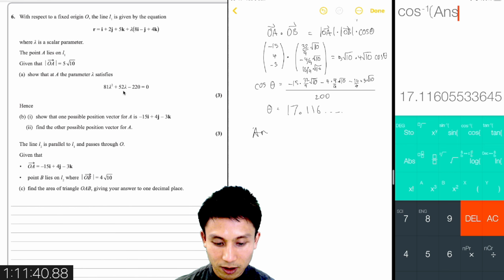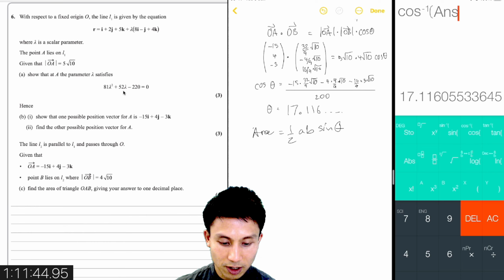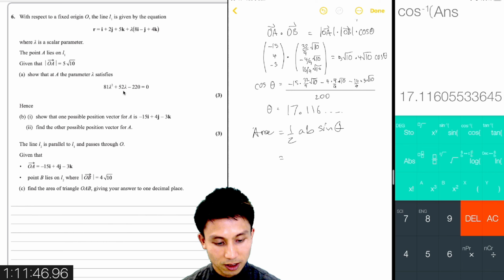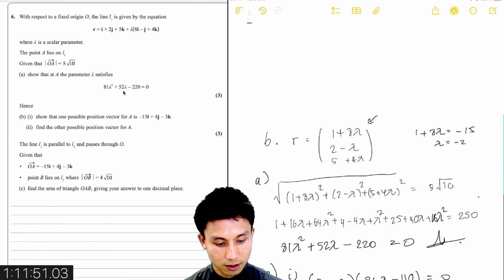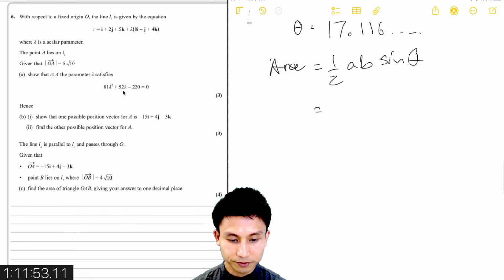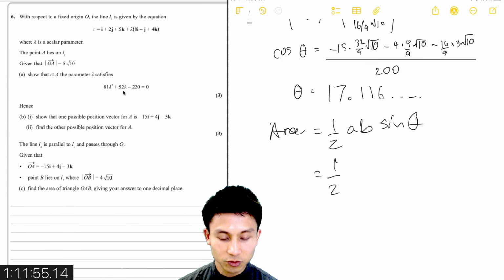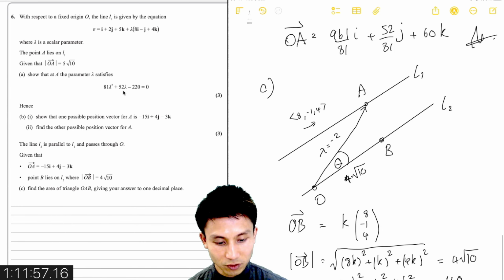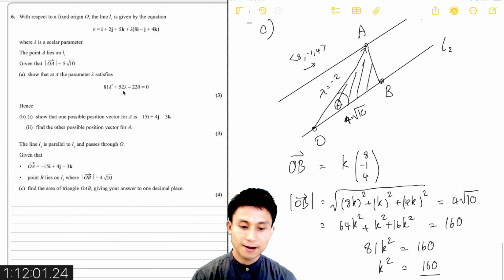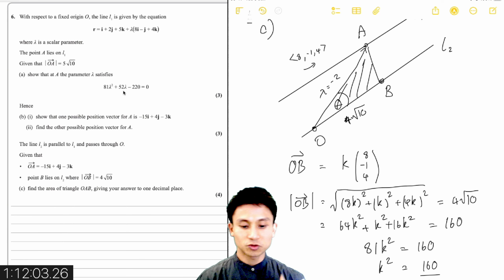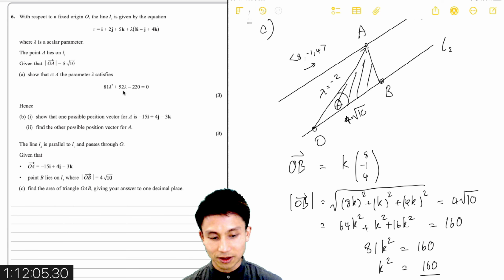And then if we do area, area equals 1 over 2 ab sine theta, right? Again, if you look at the triangle here, we are finding this triangle OAB. So that's just 1 over 2 times OA times OB times sine theta.